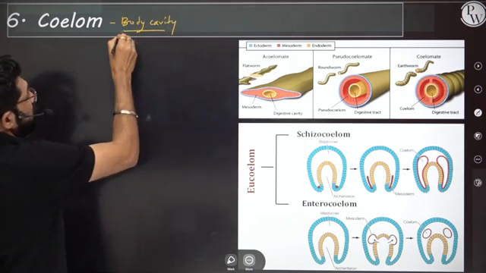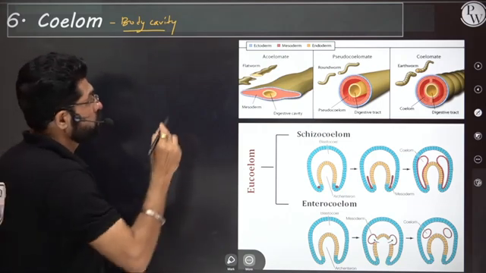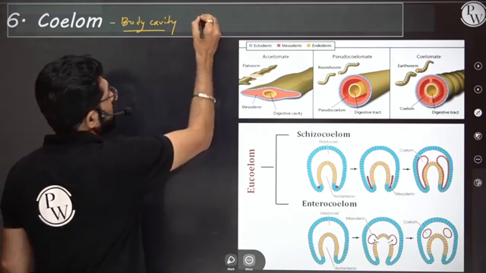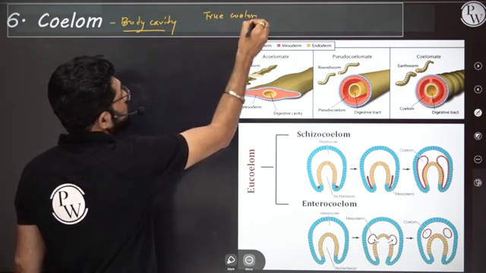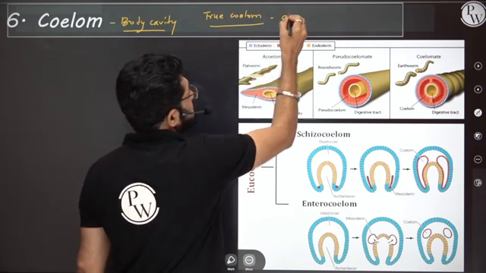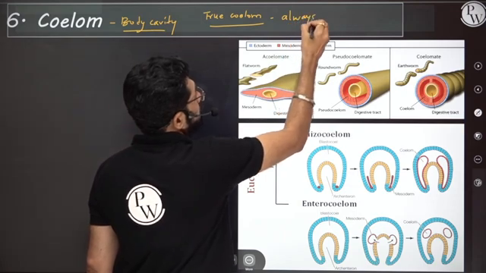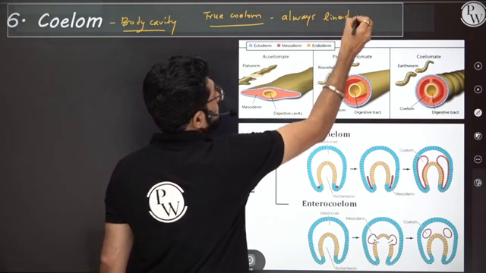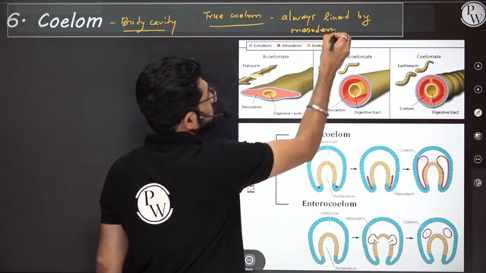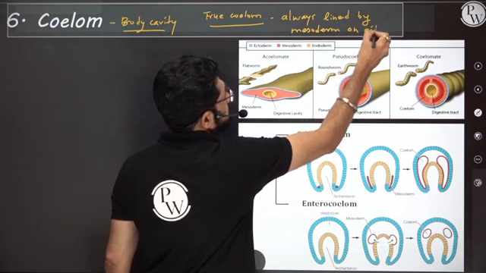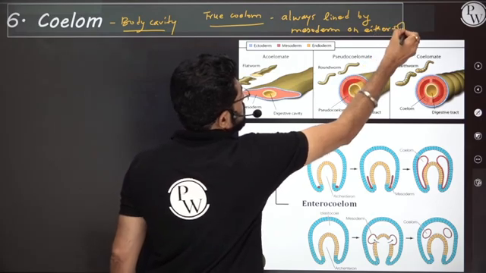But one very important point is you should know what a true coelom is. True coelom is always and always lined by mesoderm on either side.